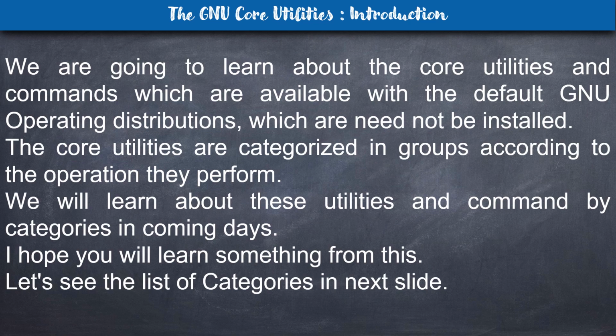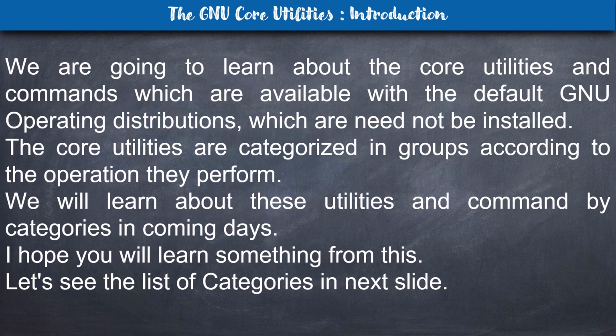They are categorized in groups according to the type of operation they perform, like looking into files, listing files. All those different utilities are there with different kinds of uses. So they are categorized in that way.